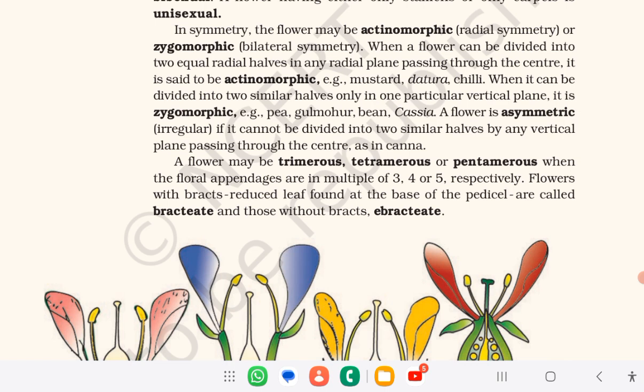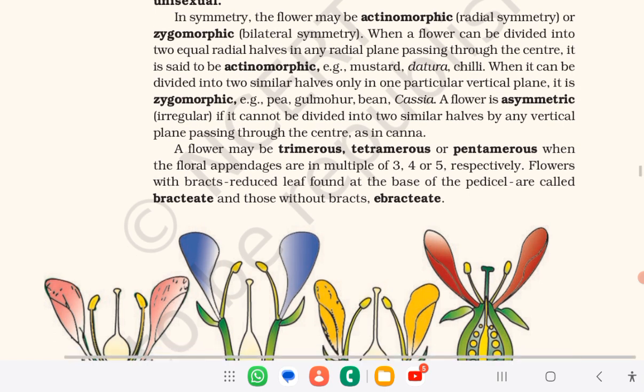When a flower can be divided into two equal radial halves in any radial plane passing through the center, it is said to be actinomorphic, for example, mustard, datura, chili, etc. When it can be divided into two similar halves only in one particular vertical plane, it is zygomorphic, for example, pea, gulmohar, bean, cassia.